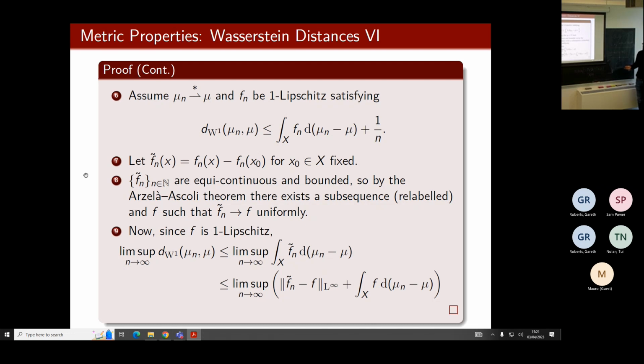Here I know that this is converging uniformly, and here I've assumed that mu n is converging weak star to mu, for an f that's now fixed. So this term is going to 0, this term is going to 0, so everything's going to 0, and I'm done.